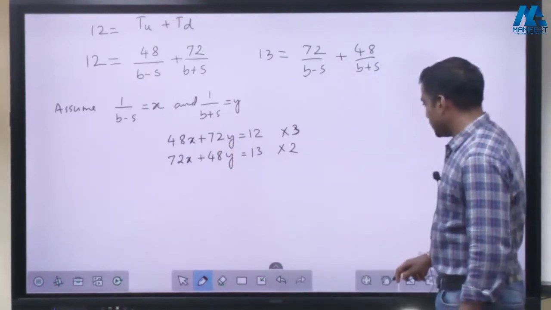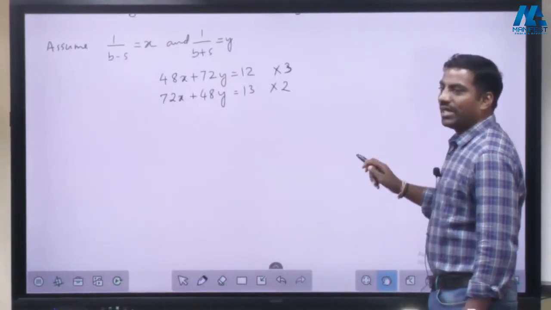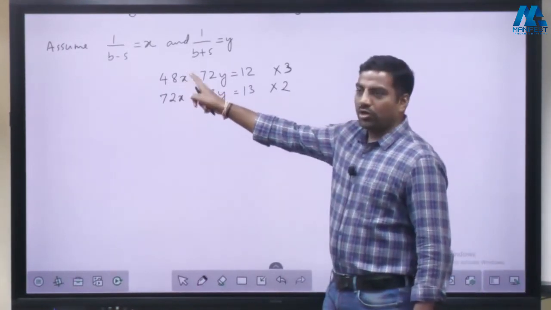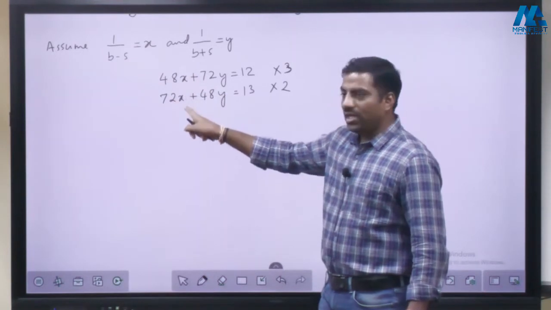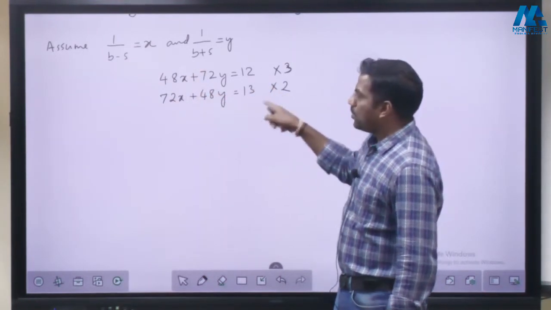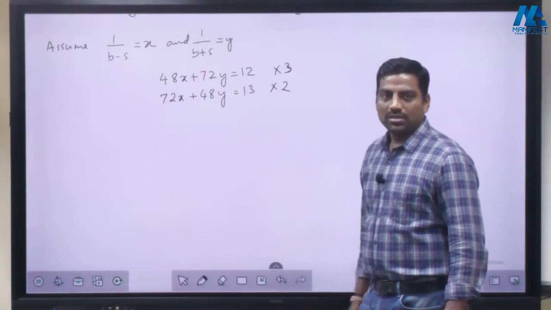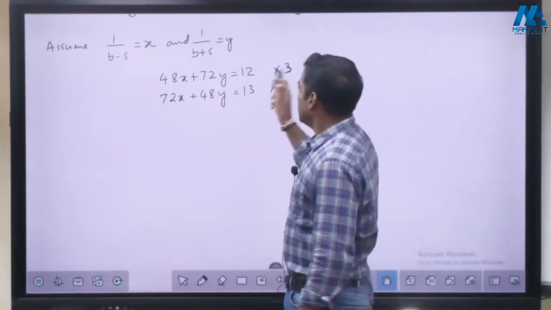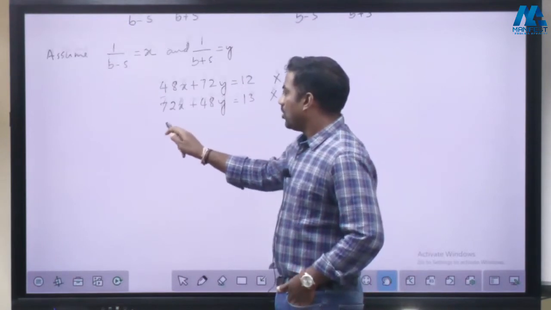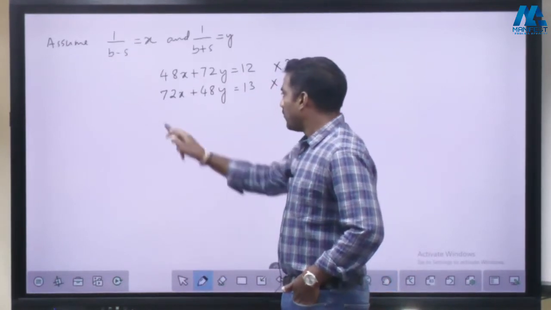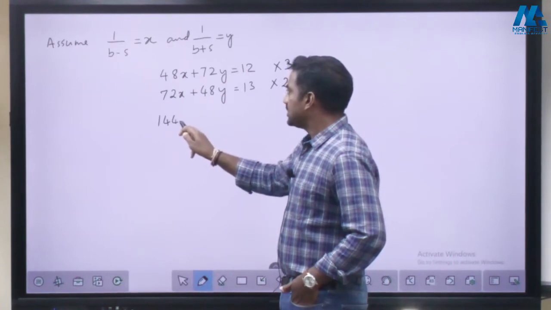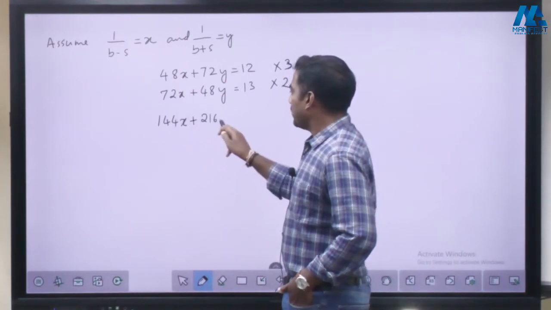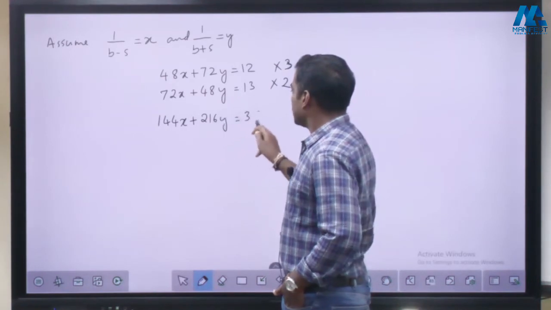Okay? Or you can divide also. If you divide this by 2, you will get 24. If you divide this by 3, you will get 24. But here the problem will arise in fractions. Okay? So let me solve like this. 48 into 3, 144X plus 72 into 3, 216Y is equal to 36.